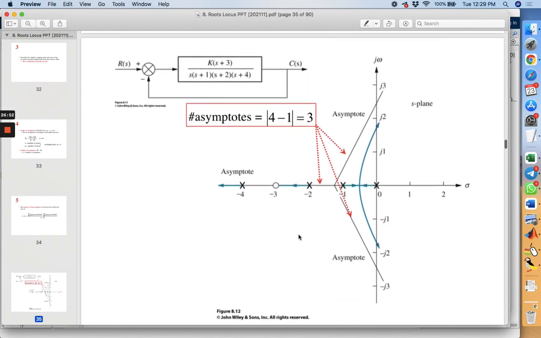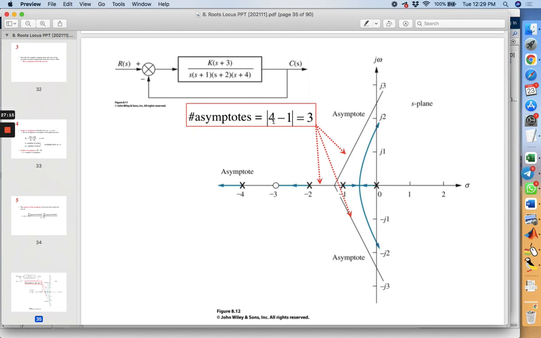So, in this example here, we have a system with unity feedback where we have a zero at +3 and poles at 0, -1, -2 and -4. The number of poles is 4, the number of zeros is 1.